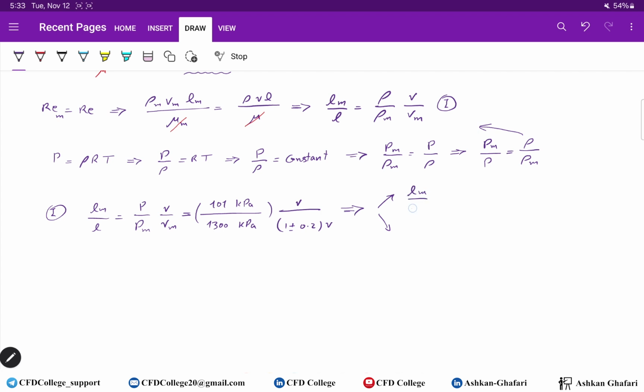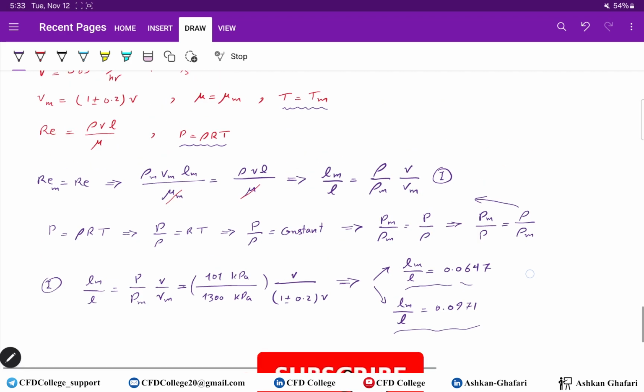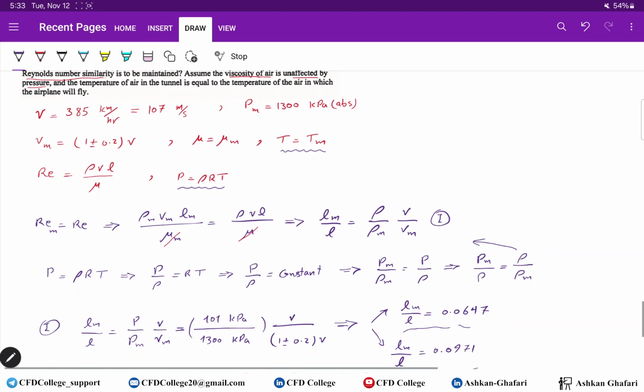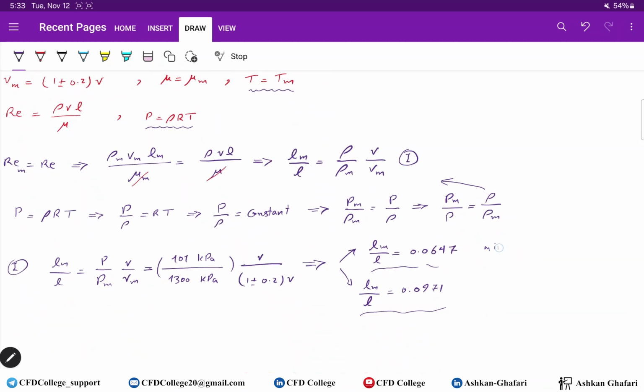Lm over L equals 0.0647, or if you use the negative sign, it's equal to 0.0971. These are the scalings that we wanted to find, the range of length scale. So this is the minimum and this is the maximum.